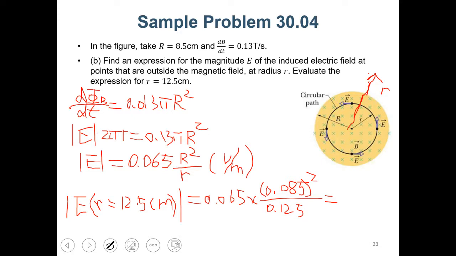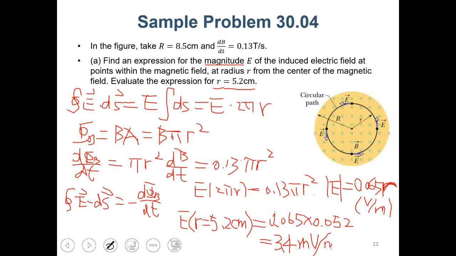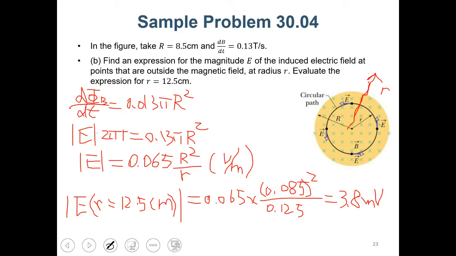So the answer is 3.8 millivolts, a bit larger than the previous one. Oh, sorry, it should be millivolt per meter. It should be millivolt per meter. And also for this case, because it is an electric field, it is V/m.